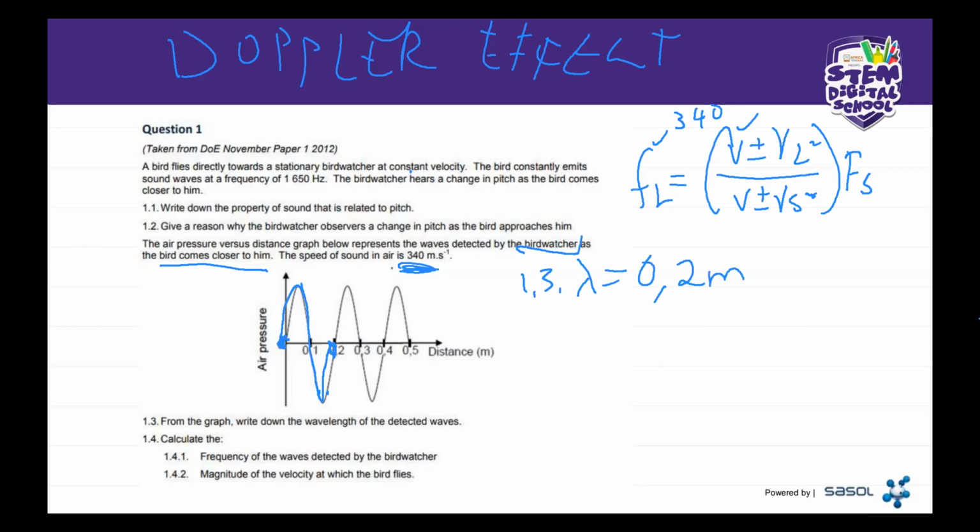As you can see, it's in distance, meters, so you must write your SI unit. Even if it wasn't given, you'd still have to write it, because you would have studied grade 12 and you'd have to know what it is.